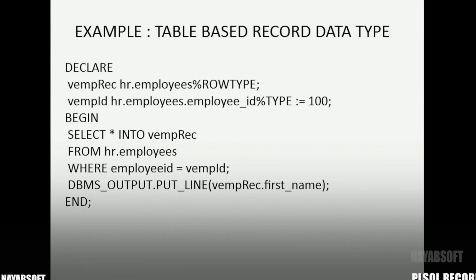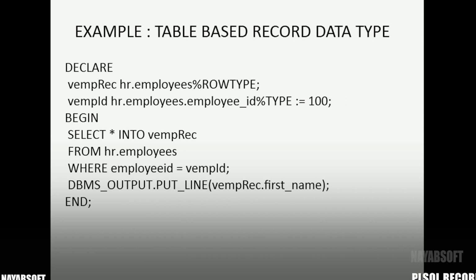In this example, we are declaring a record variable of type employees table, and we are also declaring a variable of type employee ID column in the employees table and assigning and initializing it with the value 100.